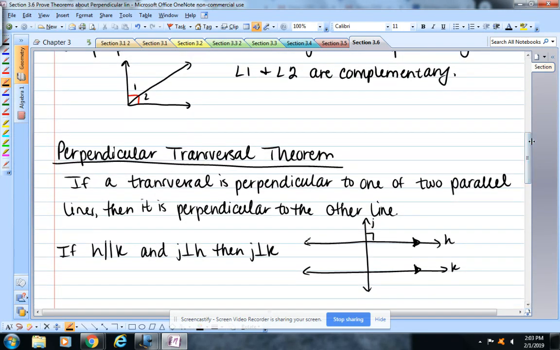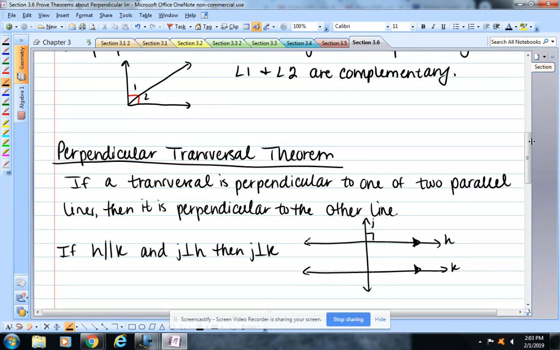And then we have the perpendicular transversal theorem, which is at the bottom of the page. So if we have two lines that are parallel, and this picture shows two parallel lines, how do we know they're parallel? They have little matching arrows. Okay? So it says if a transversal, that means a line that goes through the two lines, is perpendicular to one of the parallel lines, then it is also perpendicular to the other.